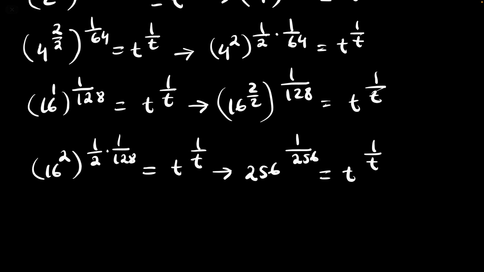Maybe you noticed that on the right side you have t to the 1 over t, and here we have 256 to the 1 over 256. It means now t is equal to 256. Finally, we found that t is equal to 256. This is our final answer, guys.